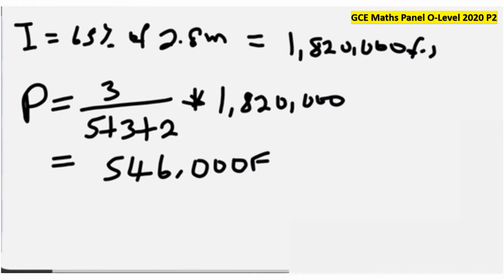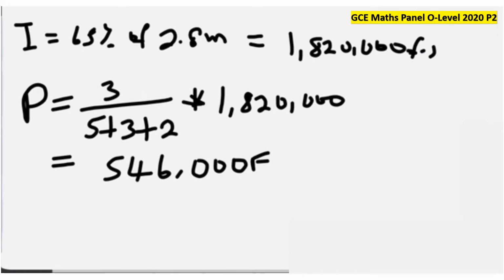Now, the next paragraph introduces us to the C part. Given that 91,000 francs is to be paid as processing fee for the documents, find the percentage of the initial deposit needed to process the documents. Normally, the initial deposit we have here is 1.82 million, and this processing fee is 91,000.